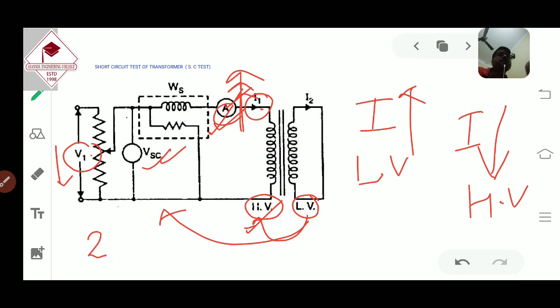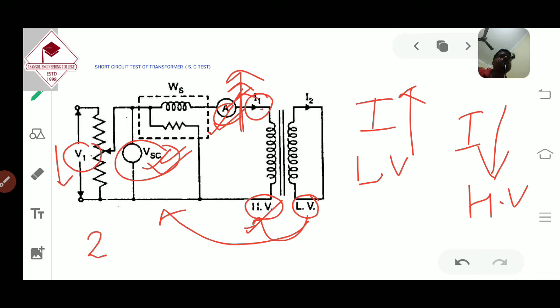So this voltage is already low, right? And if you connect the low voltage winding, it will be further lower. So to measure a very low voltage through this voltmeter will be more difficult, right? It is actually easier to measure a somewhat higher value of voltage.